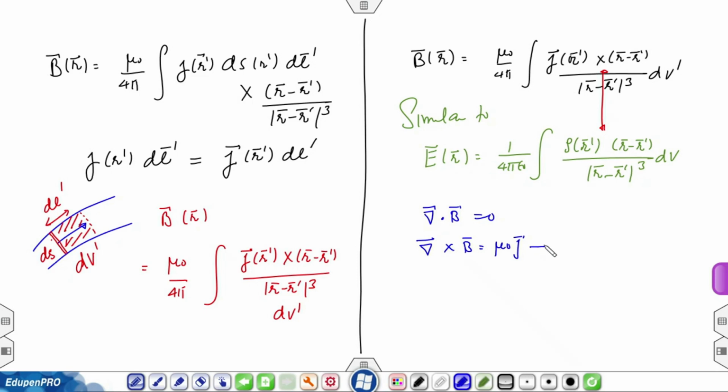To do the second part, you use the identity for curl of cross product of two vectors to calculate curl of B, and then again do the manipulations. Similarly, for the first part. So, I leave that for you.